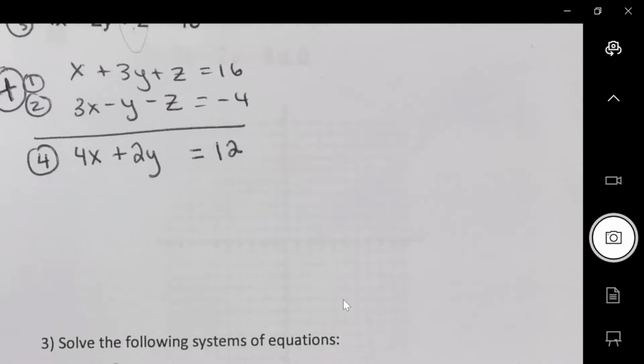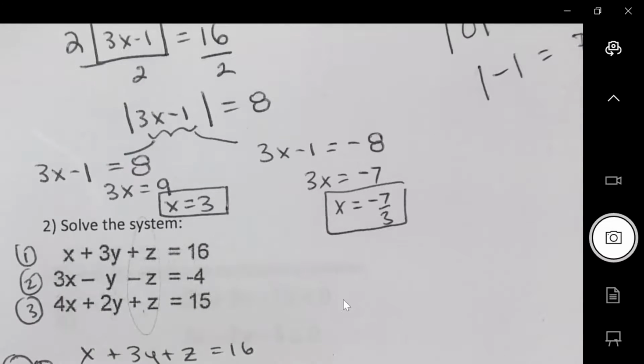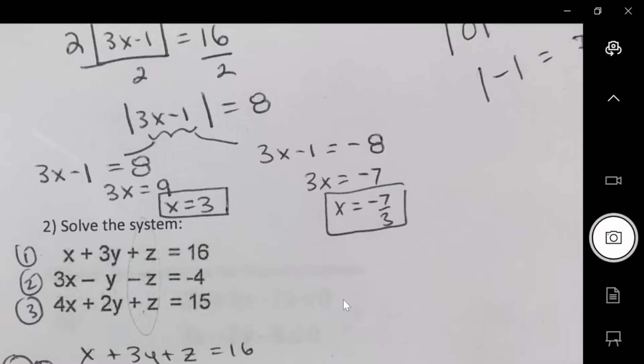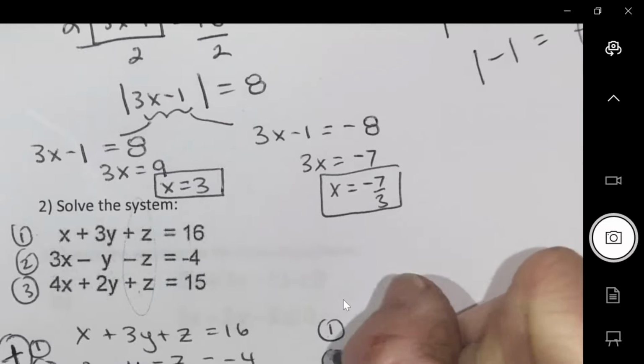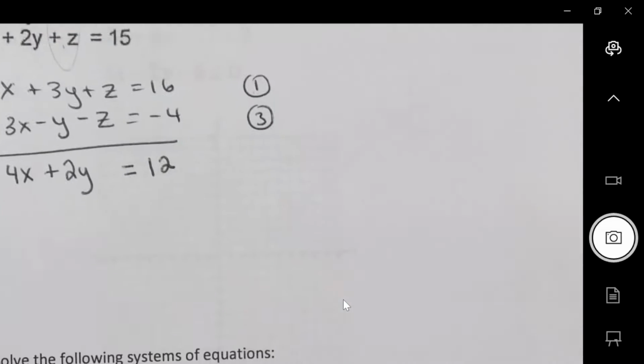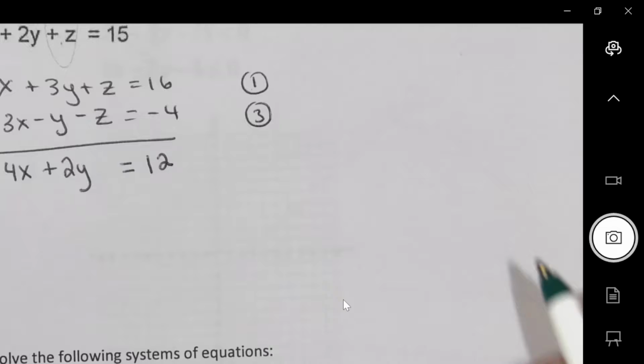Okay, what should we do now? Let's do 1 and 3. Yours would have been easier, which is why I'm doing the harder one. Just to make sure we get a subtraction in here. So 1 and 3.